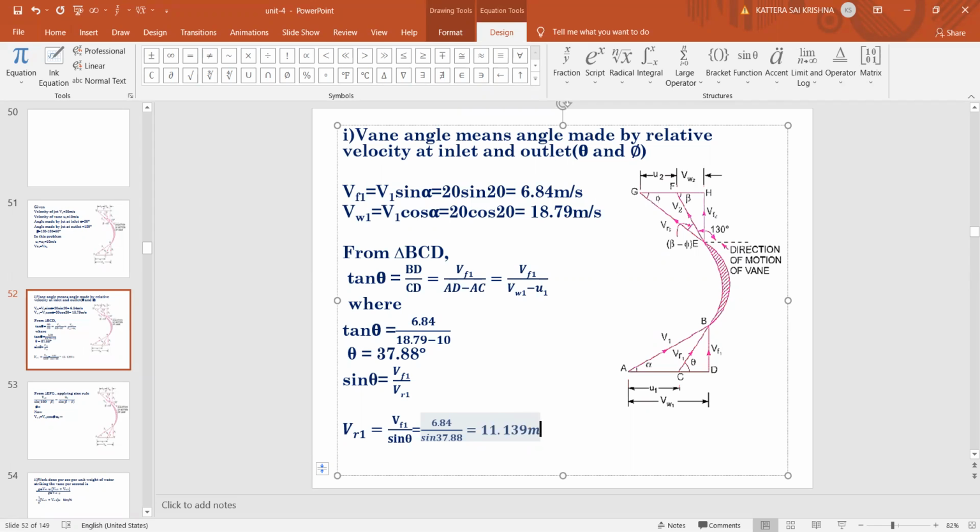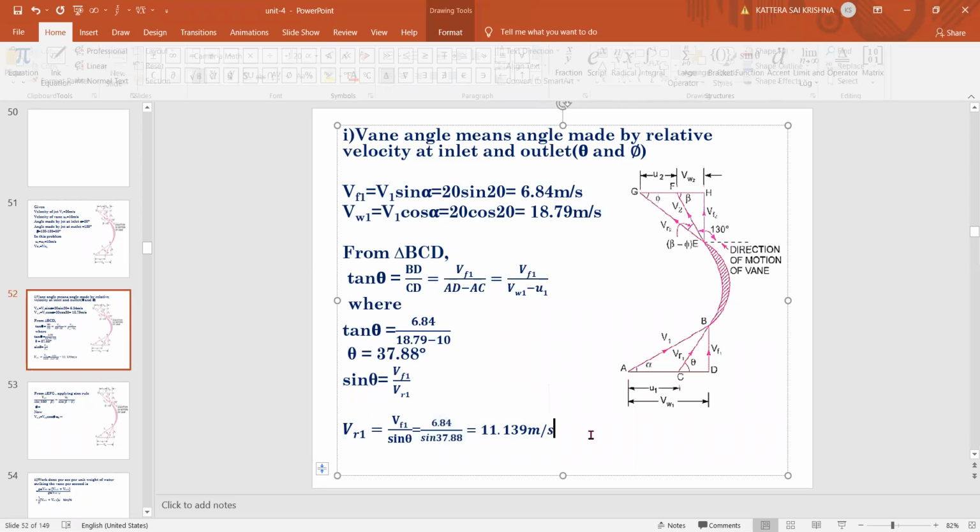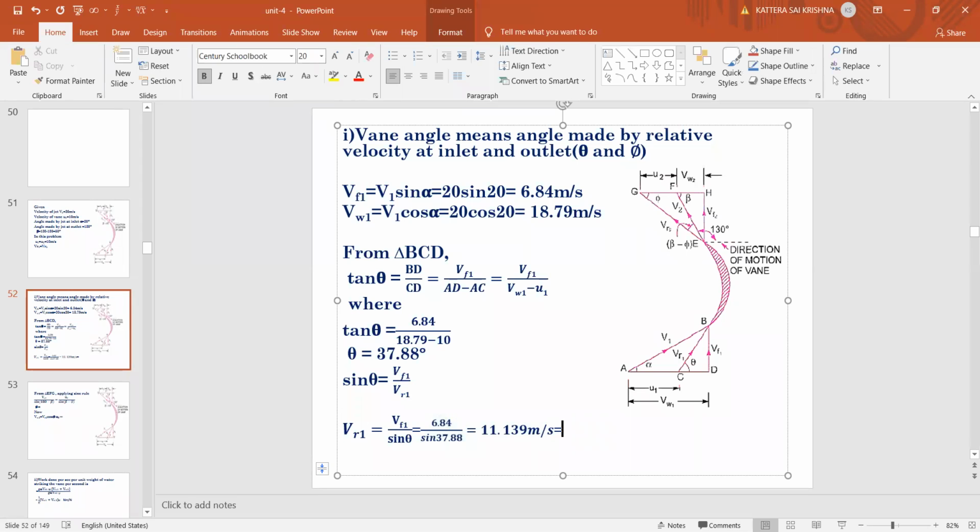Right, okay. 11.139 meter per second is the VR1. So in this problem, we already said there is no shock. So automatically this VR1 is also equal to VR2. So that also I'm writing here. So this value is also equal to VR2.